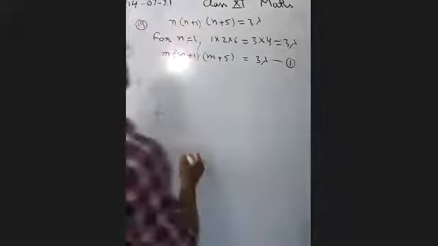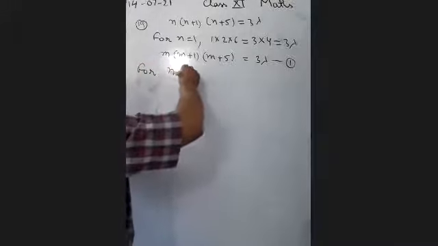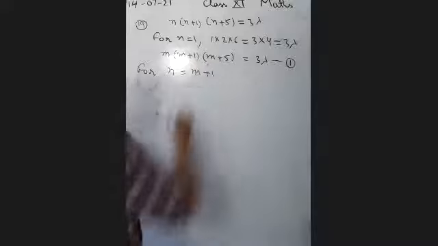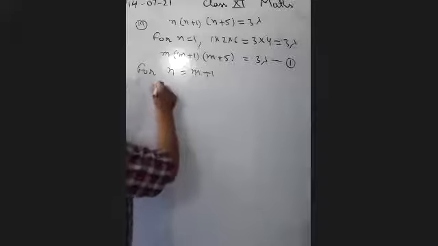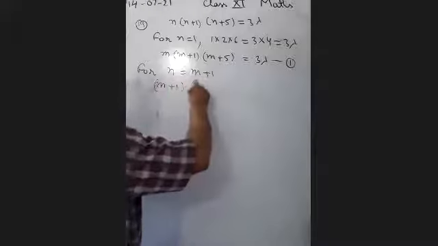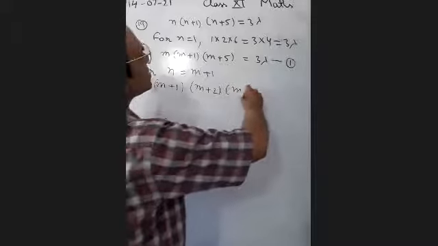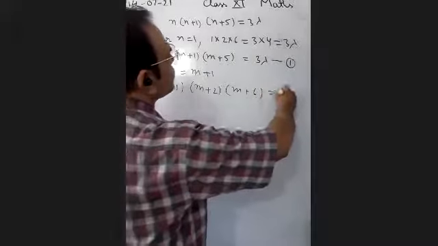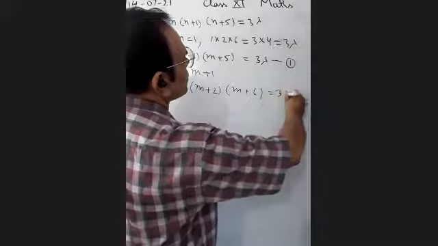So we have to prove now for n equal to m + 1. ठीक है, for n equal to m + 1 के लिए we have to prove, so what we have to prove is (m + 1)(m + 2)(m + 6), it must be in the form of 3 lambda, ठीक है.